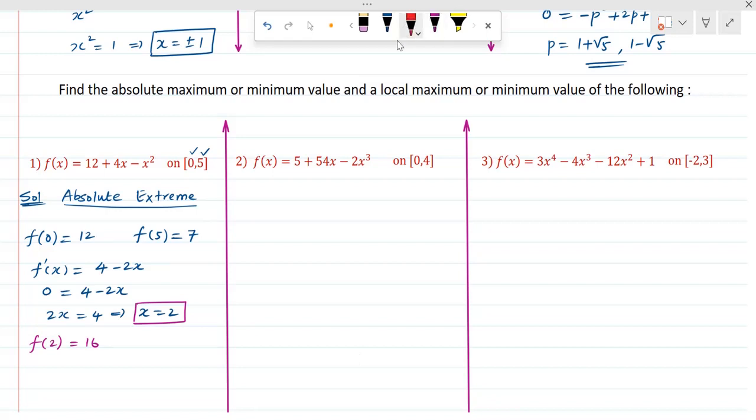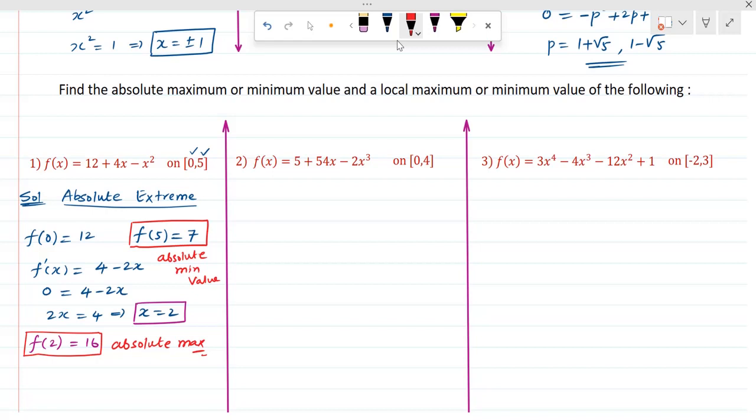So here what is the highest value? The highest value is 16. So this is the absolute maximum. And this one is my absolute minimum value.